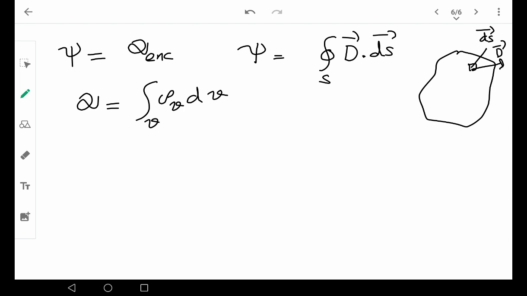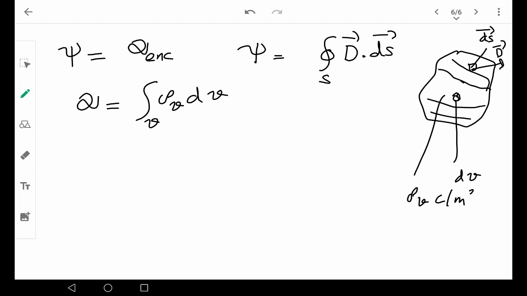Suppose this surface encloses a volume with a small volume element dv, and the charge density in this volume is given by rho v coulombs per meter cube. This is a very small volume element, not an area. This is an area element.